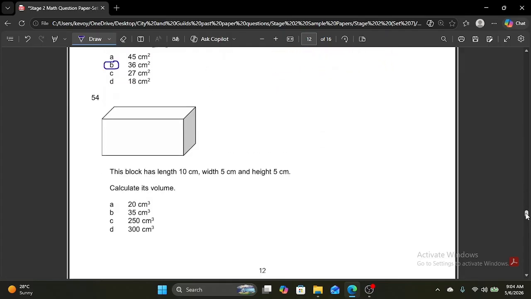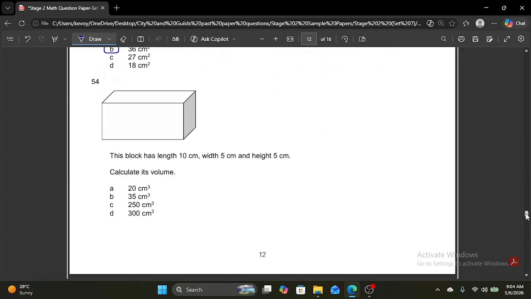Alright, moving right along. So we have 54, and 54 is volume. So this block has length 10 centimeters, width 5 centimeters, height 5 centimeters as well. So find the volume. Now the volume of this three-dimensional cuboid would be length times width times height.